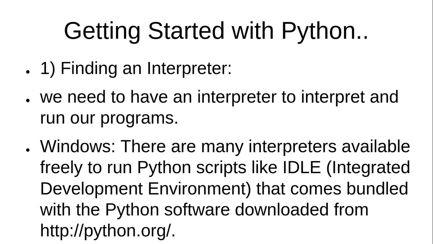You can just download it and it comes along with an IDE that you can use as your interpreter. If you're using Ubuntu or any Linux distro, it comes with Python 3 pre-installed. If you're using Mac OS, you probably might have Python version 2, and if you want Python version 3, you can always go on python.org to get the latest version that you might want to use.